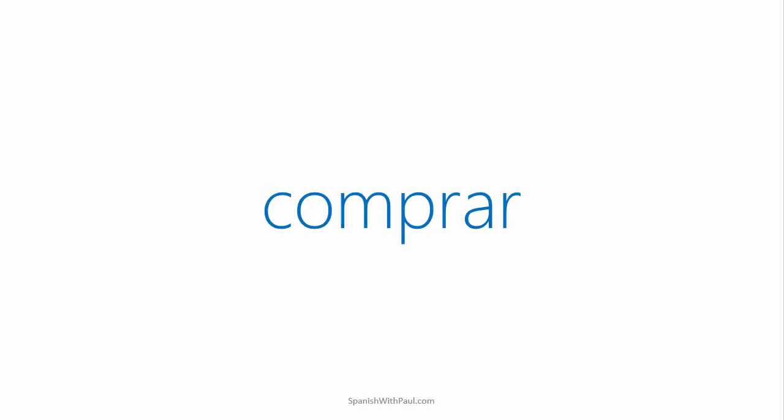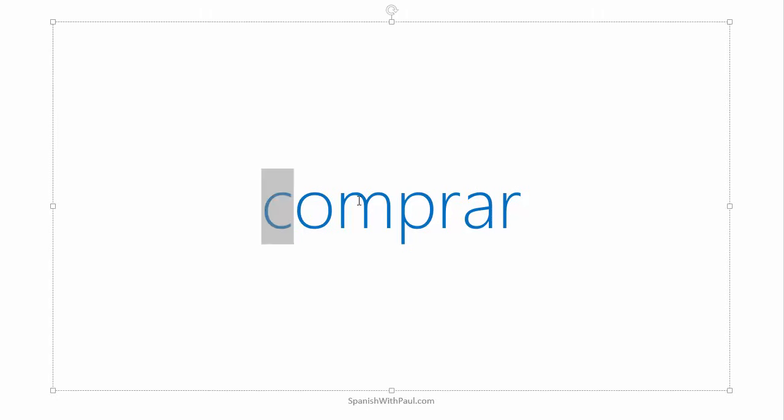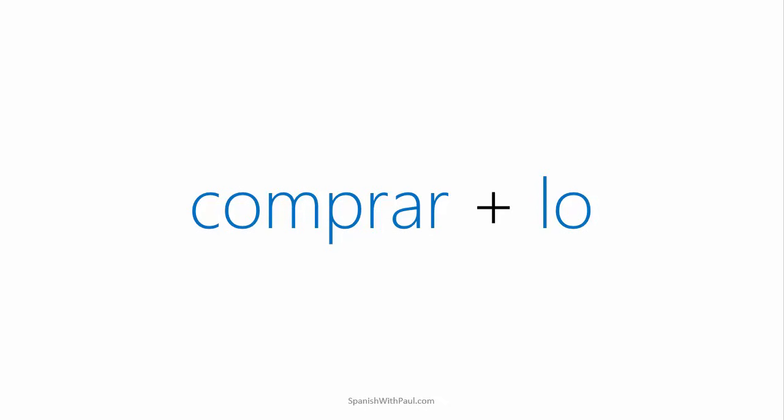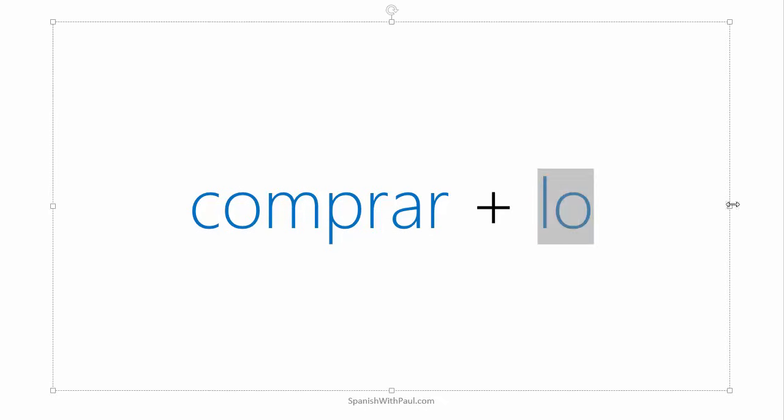The verb to buy in Spanish is comprar. We have com and prar. Comprar means to buy. If we want to say to buy it, we would take comprar and tag on this lo.